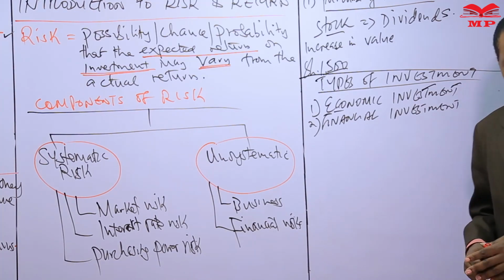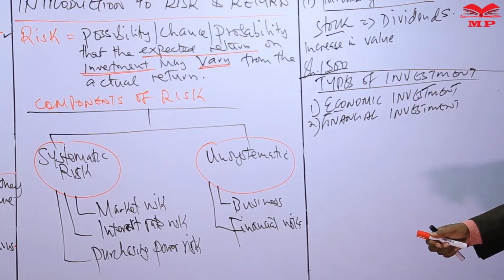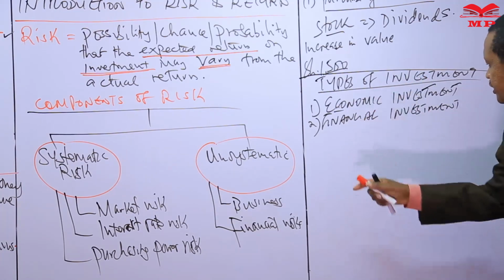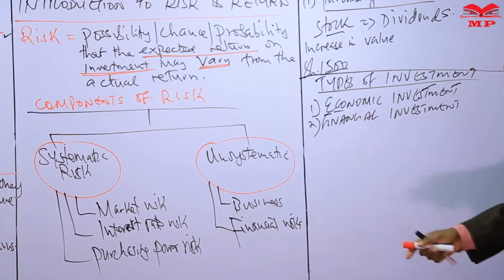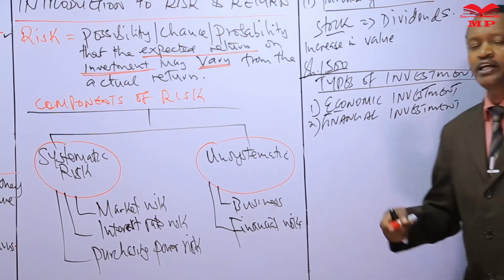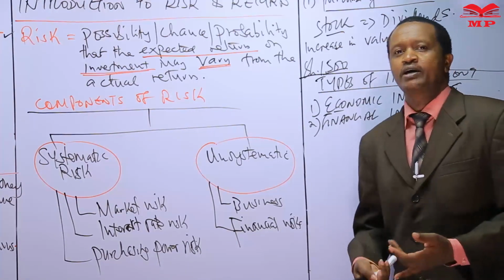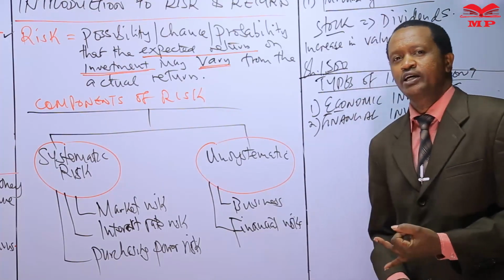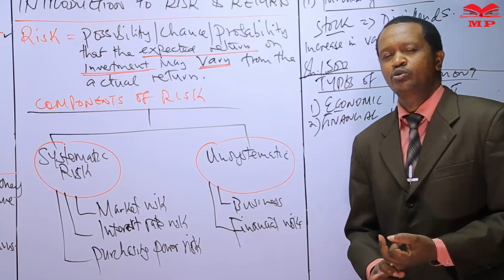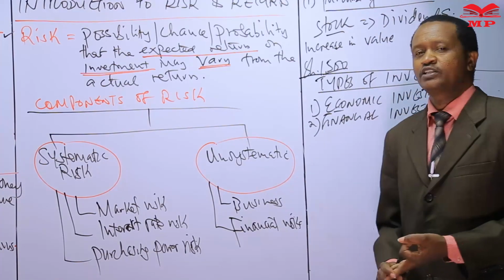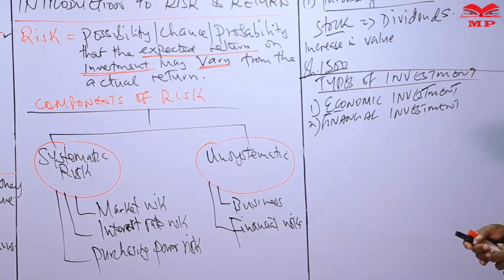And such types of investments are called economic investment. When you buy a building, when you buy land, when you buy plant, when you buy machinery, that investment is what we are referring to as economic investment.